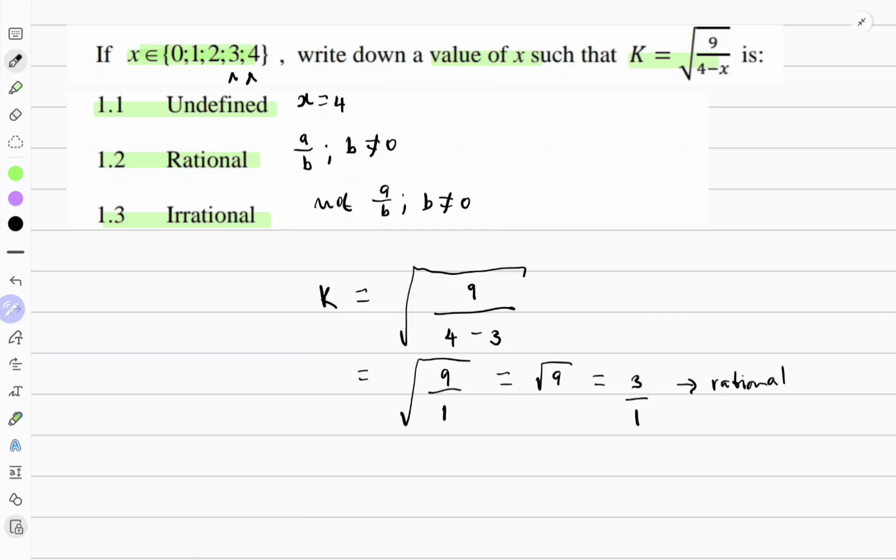So it means that when x is equal to 3, k becomes rational. So we can put this under rational. So here x is equal to 3.